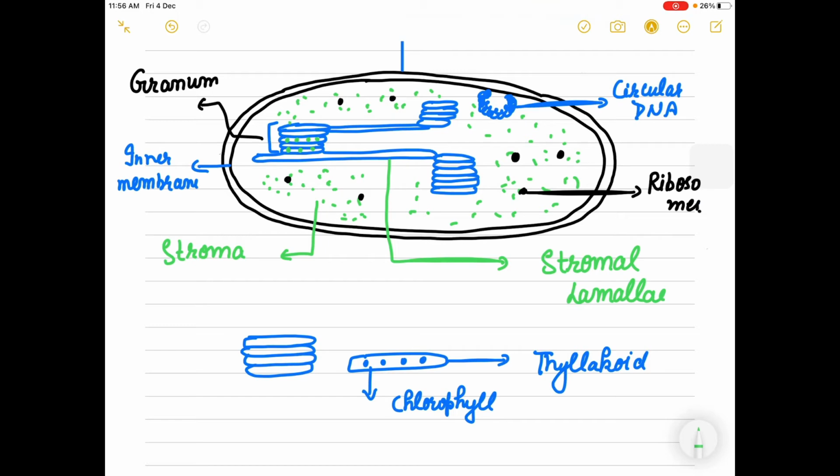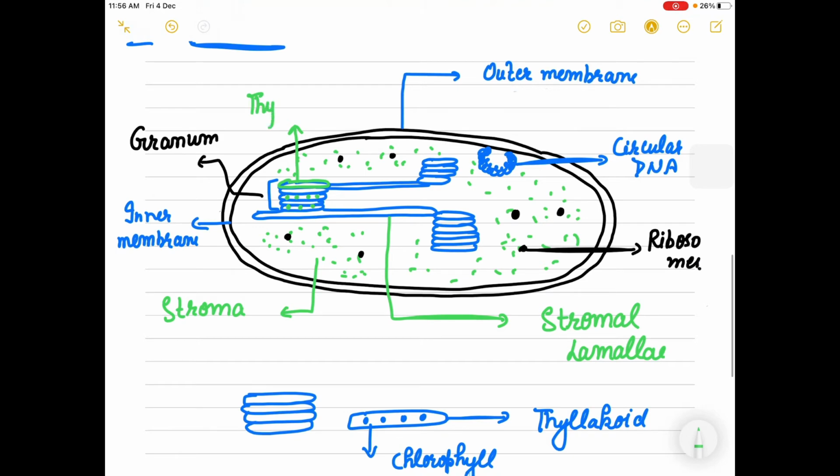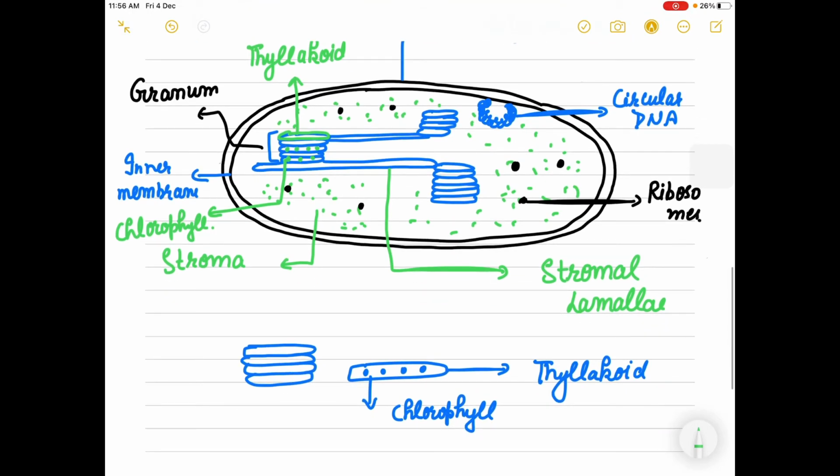So this single one is known as thylakoid, and this thylakoid has green pigment which is known as chlorophyll. So the structure is clear. It has the granum, the whole stack, then one single one is the thylakoid, and then they are attached with these stromal lamellae. One granum is attached to the other one with the stromal lamellae.